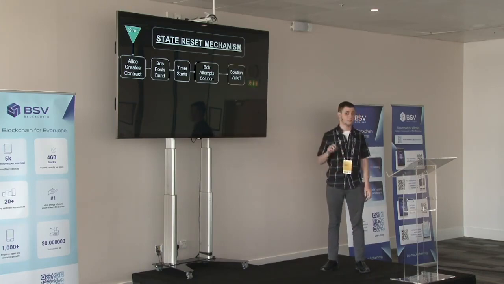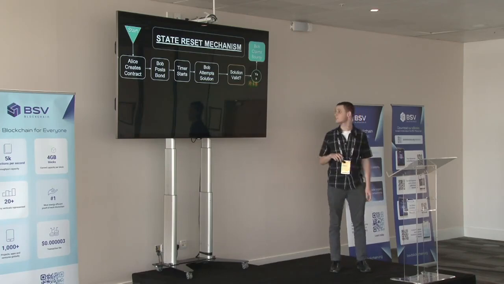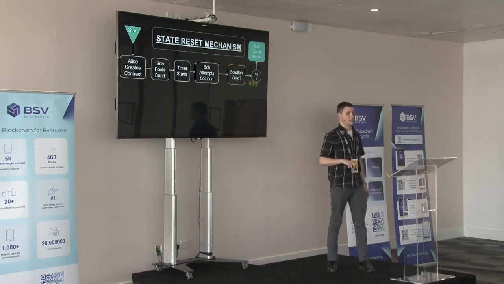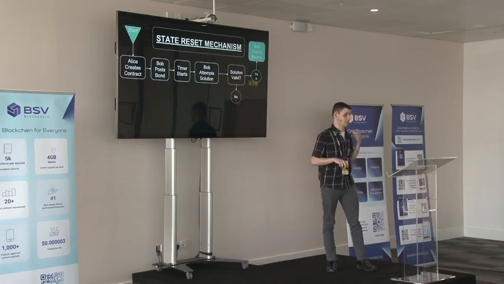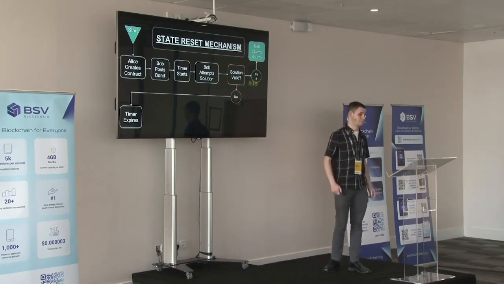So is Bob's solution valid? Well, if so, everybody is happy. But if not, then eventually that UTXO is locked. Nobody can do anything with it, right? We saw those padlocks before. Well, eventually that timer is going to expire.